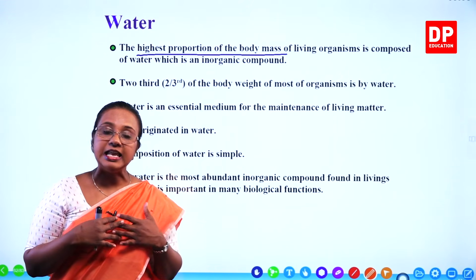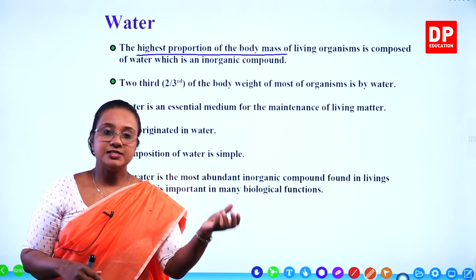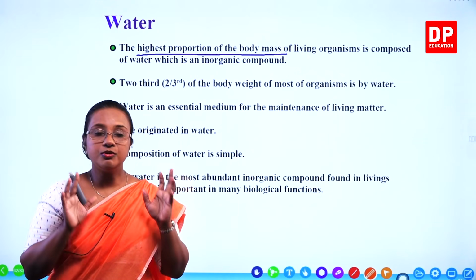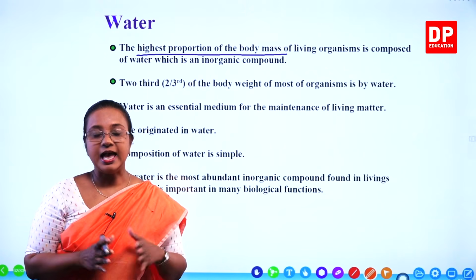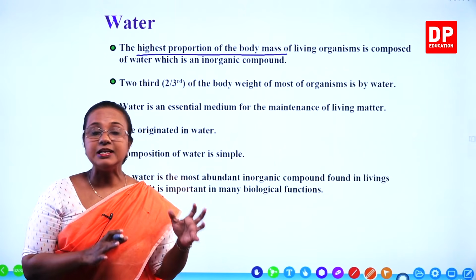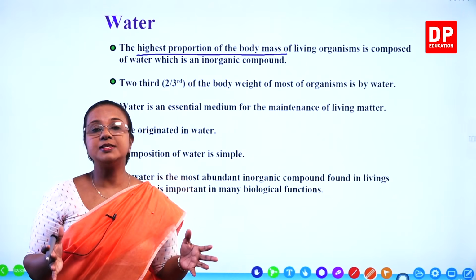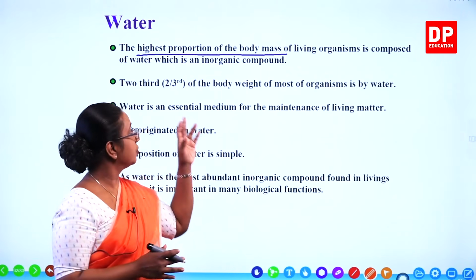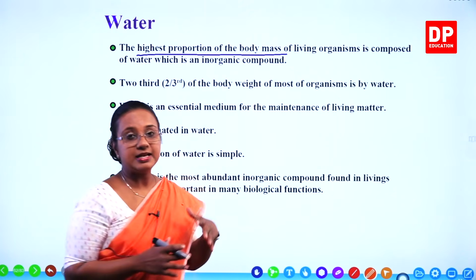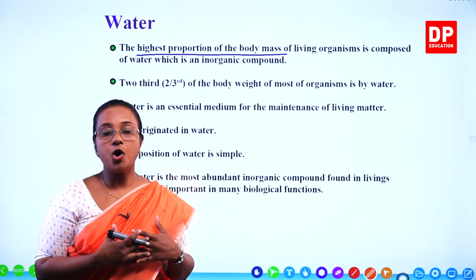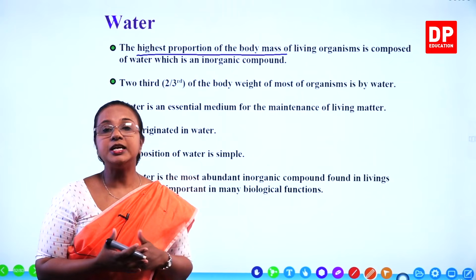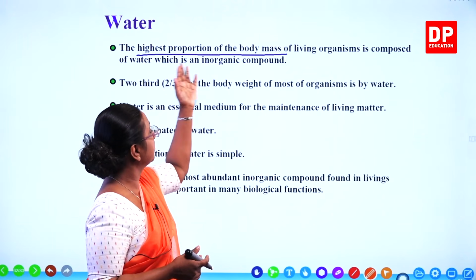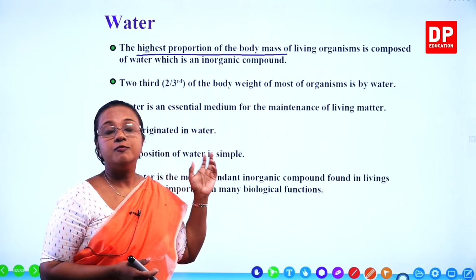If you take any living organism, whether it's a unicellular organism, a plant or an animal, you look at the structure of its body and you will see that the main component, the higher percentage of the body, will contain water. So therefore, the body mass, that is the mass of the living organism, what we measure in kilograms, the main proportion of the body mass will be water.